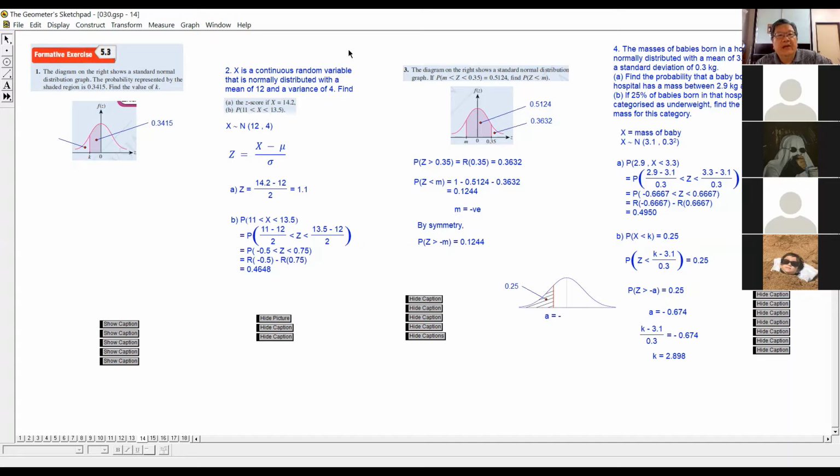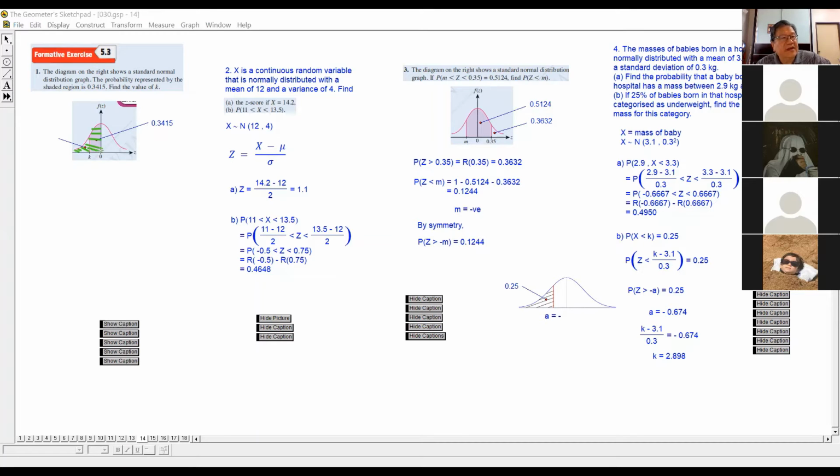Now I know that the probability less than 0 is 0.5. It means this area here, including all this here, right?